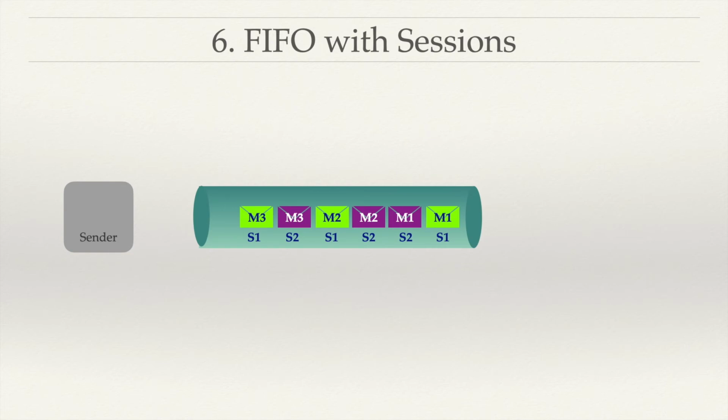In this demonstration, you can see in the slide that I have two sessions, session S1 and S2. Session S1 has three messages in green color, and session S2 has messages in magenta color. Now, how will the receiver act on this?